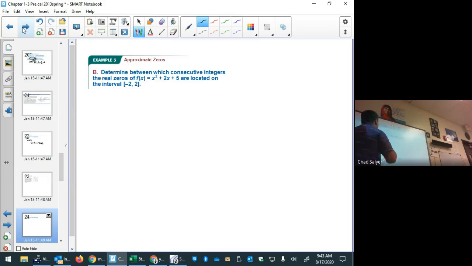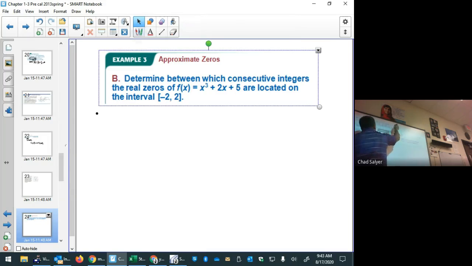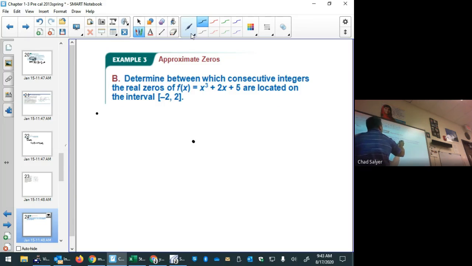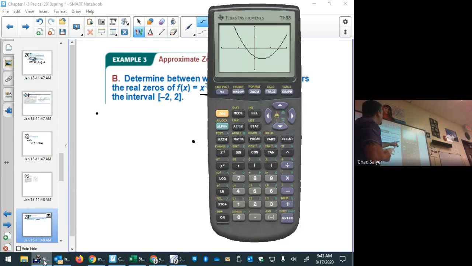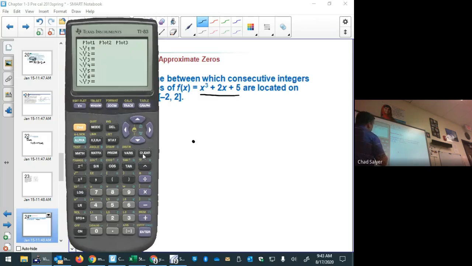Okay, so what about this function? x cubed plus 2x plus 5 on the same interval. So we'll just go to y equals, punch in x cubed plus 2x plus 5, and graph.